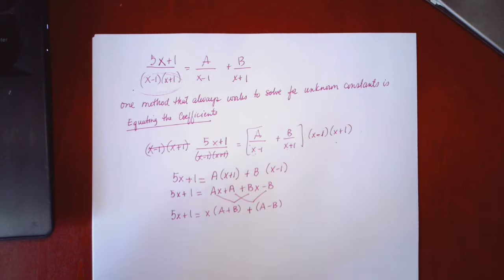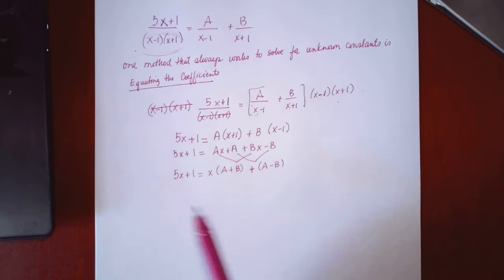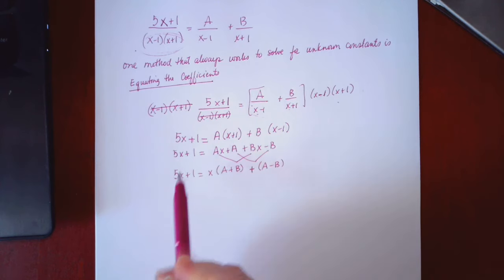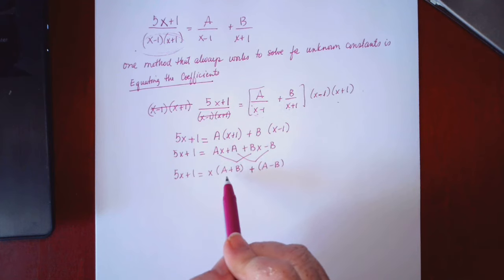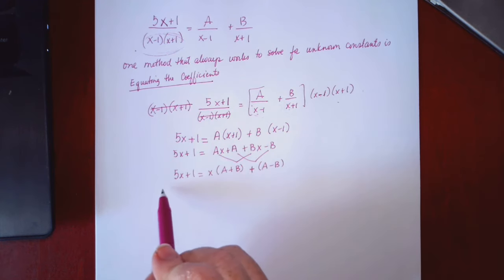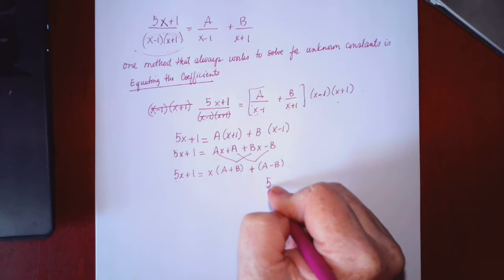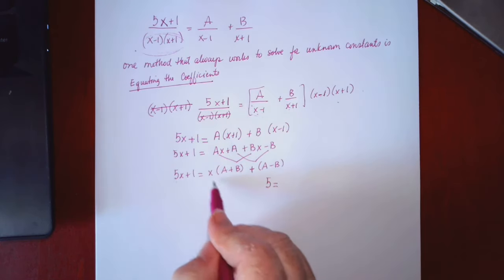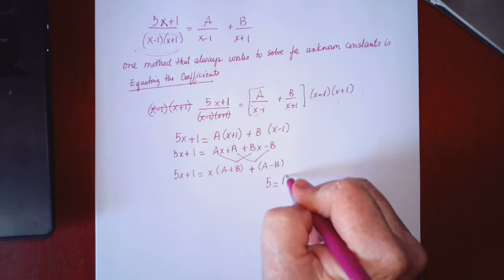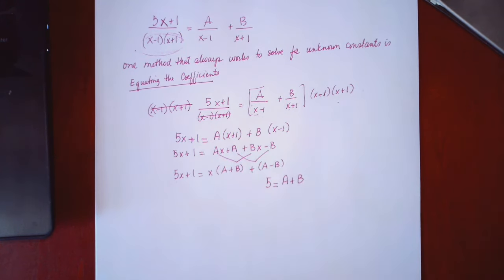So one way to think about that is if you want this side to be equal to this side, then I would need the same number of x's on the left as I have on the right. Well, how many x's do I have on the left? I have 5 of them. How many x's do I have on the right? I have A plus B of them.